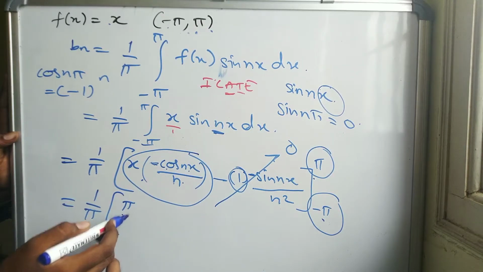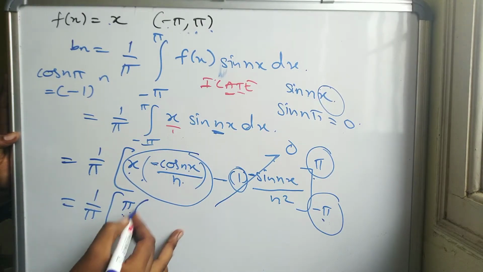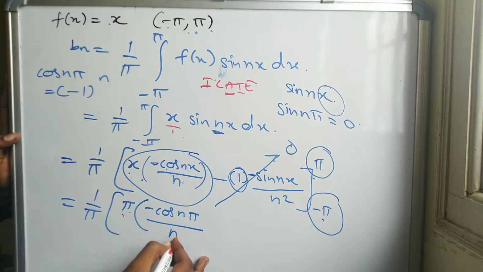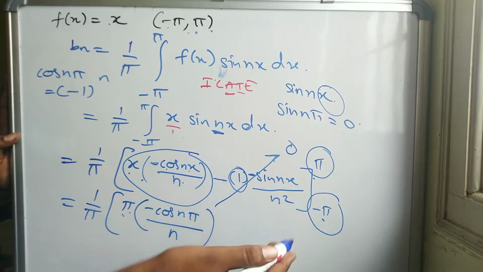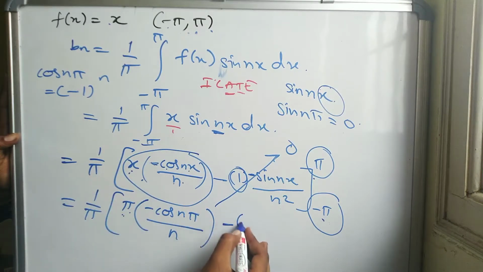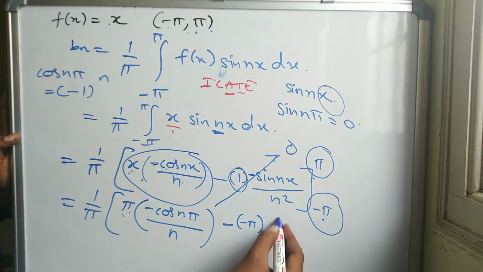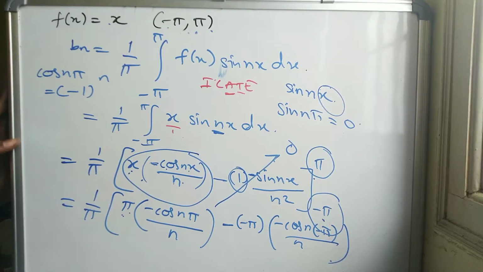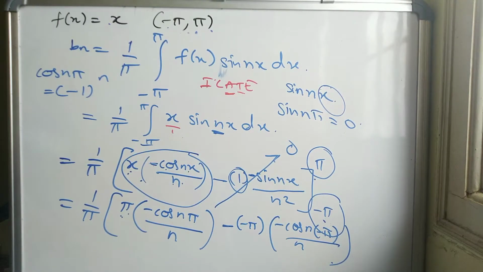Upper limit, instead of x, pi, minus cos n pi by n, minus the lower limit, minus pi, minus cos n minus pi by n. You have to just simplify this.